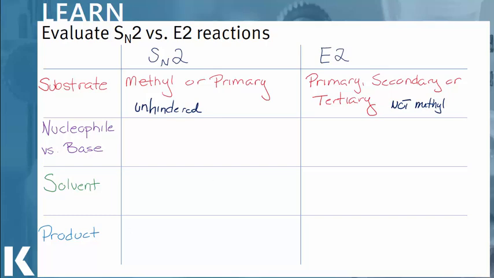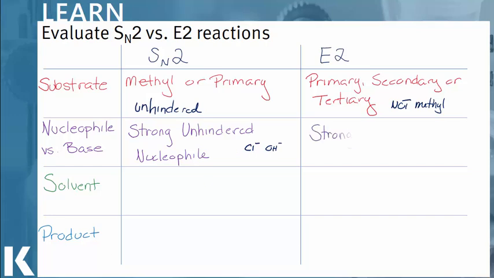Now for the nucleophile, in an SN2, you want to have a strong nucleophile that is unhindered. So something like chloride or hydroxide, both of those are strong nucleophiles, but they're very small, so it's really easy for them to come in and attack the backside of the substrate.